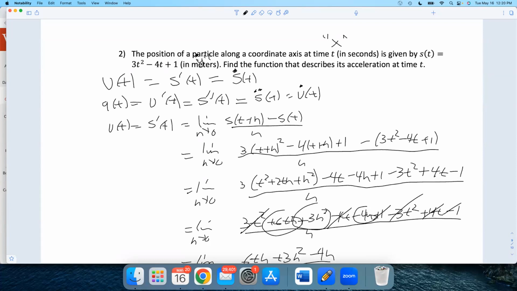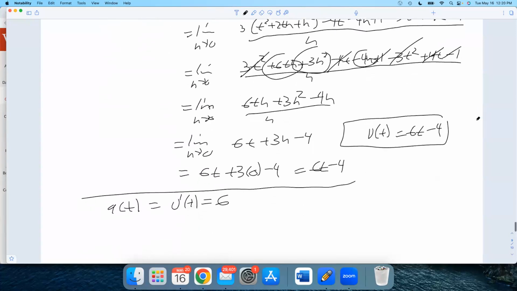Meters are what's playing the role of y. Derivative is always change in y per change in x. So meters per second. It's a velocity. It's in meters per second.